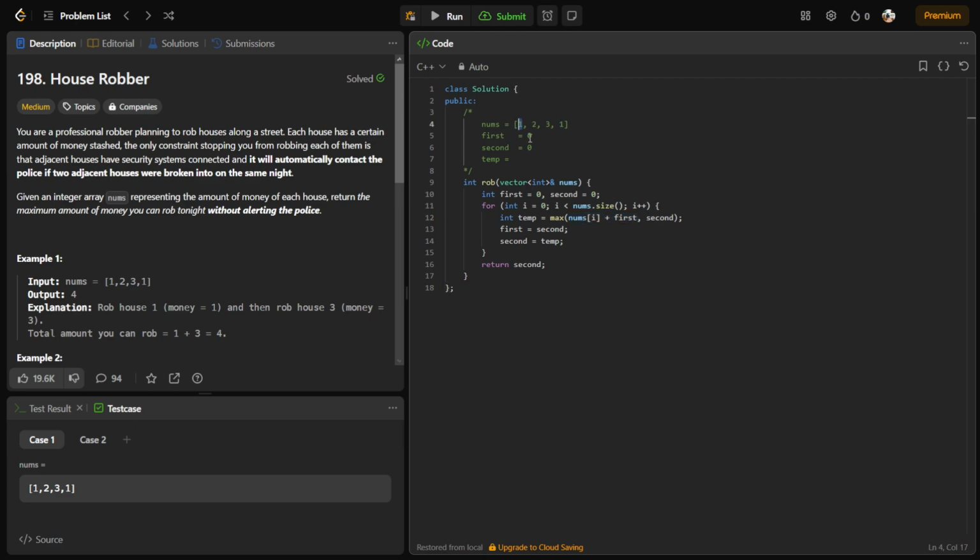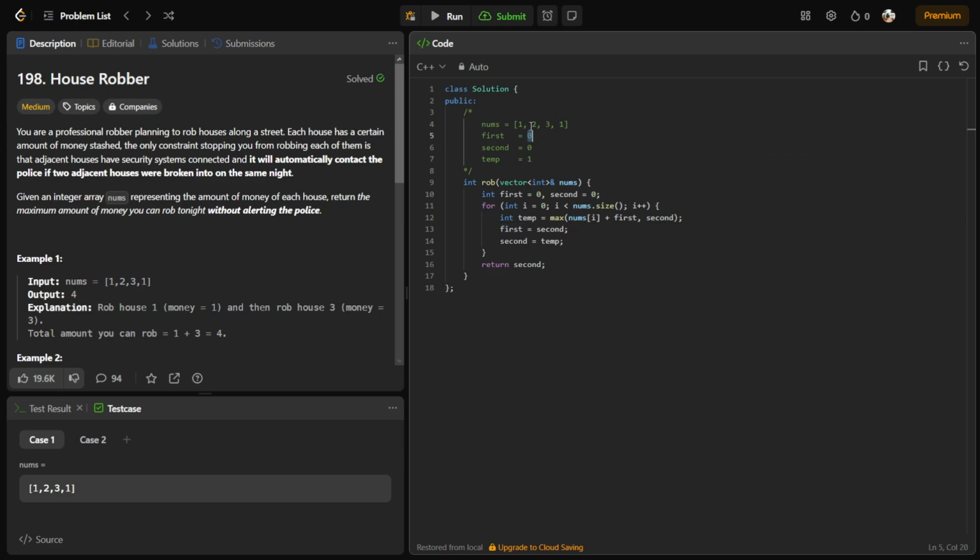So let's say the first one is 1. Here I'm checking the maximum of 1 plus first, which is 0, and second, which is 0. In this case it's 1. So temp will be 1.